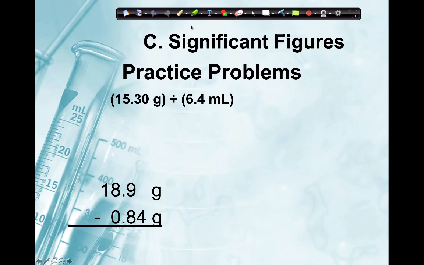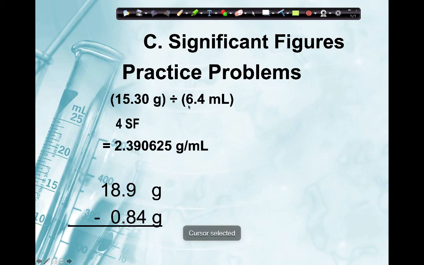Okay, so let's do a few practice problems. When I plug this in the calculator, I'm going to get this. So this is division. If I'm dividing, I go to my rules. My rule says I'm going to go to the lowest number of significant figures. So I have 4 significant figures here. I have a trailing 0, but I have a decimal point.